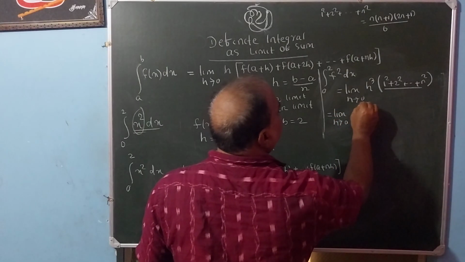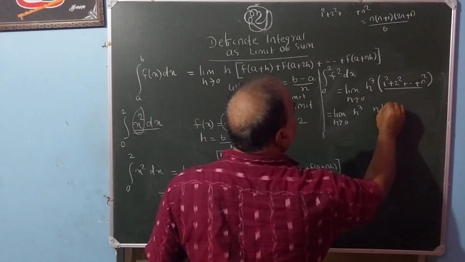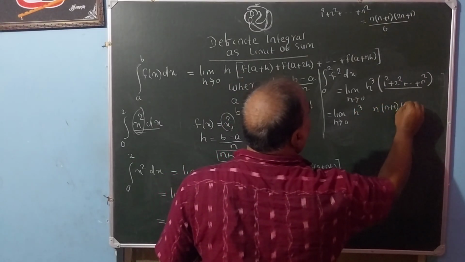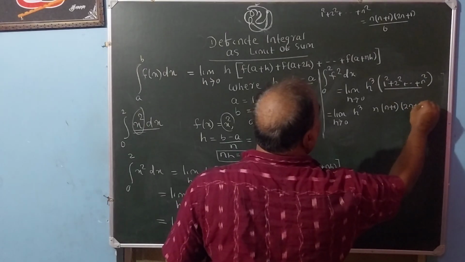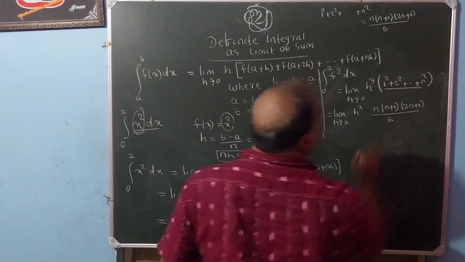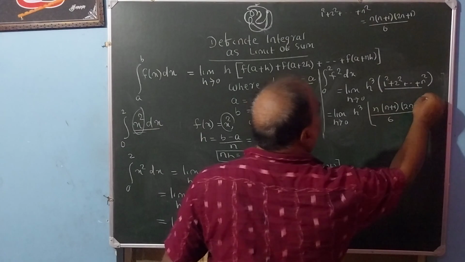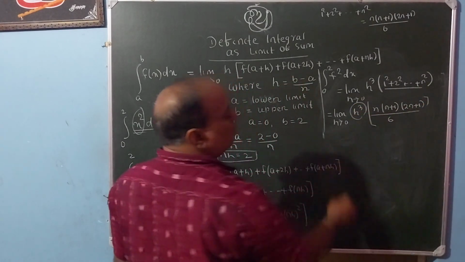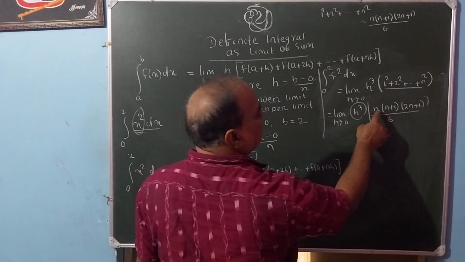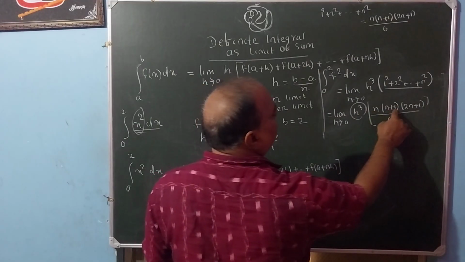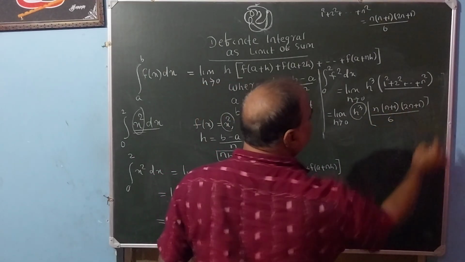limit h tends to 0, here it is h cube, n into n plus 1 into 2n plus 1 by 6. Now here it is h to the power 3. One h is going here, another h multiplied with this term, another h multiplied with this term.